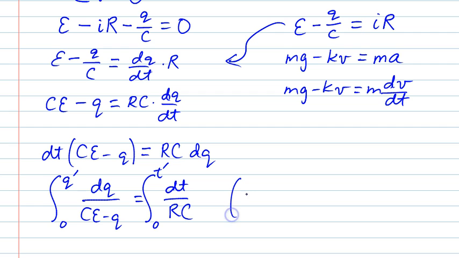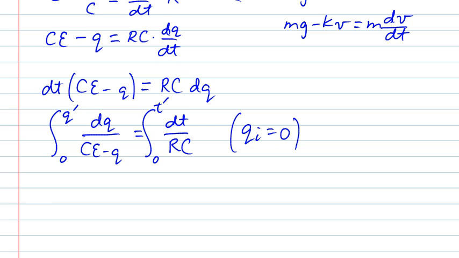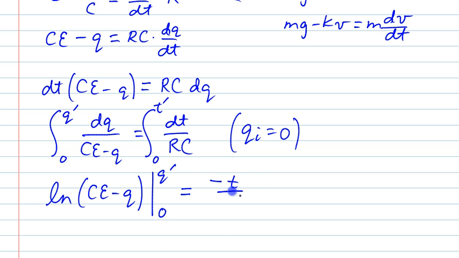And in this, we're going to assume that Q initial is 0, much like we said that V initial was 0. And so again, we're going to get a natural log. And we have to evaluate from 0 to Q prime. And on the other side, we're simply going to get minus T over RC, T prime.